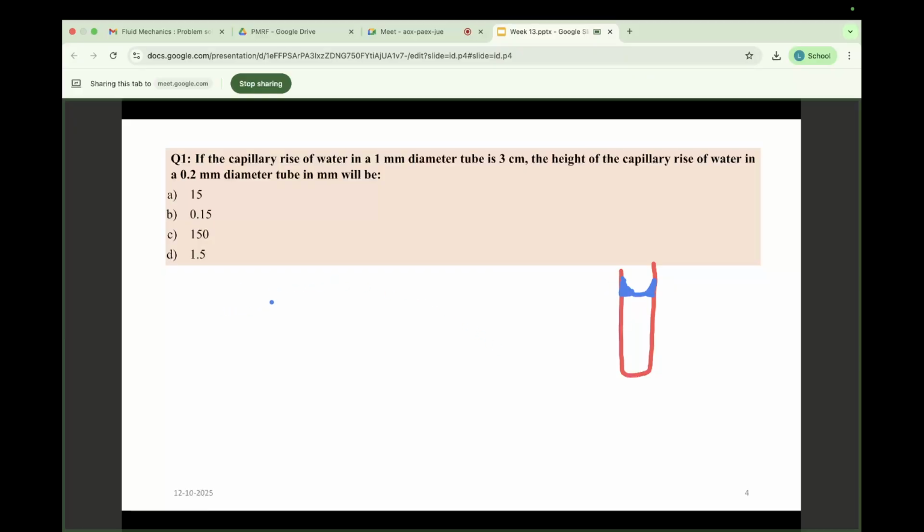As both these forces are present, a certain phenomenon is happening there, right? For the capillary action, you have to check that the weight of the liquid and the surface tension force should be the same.